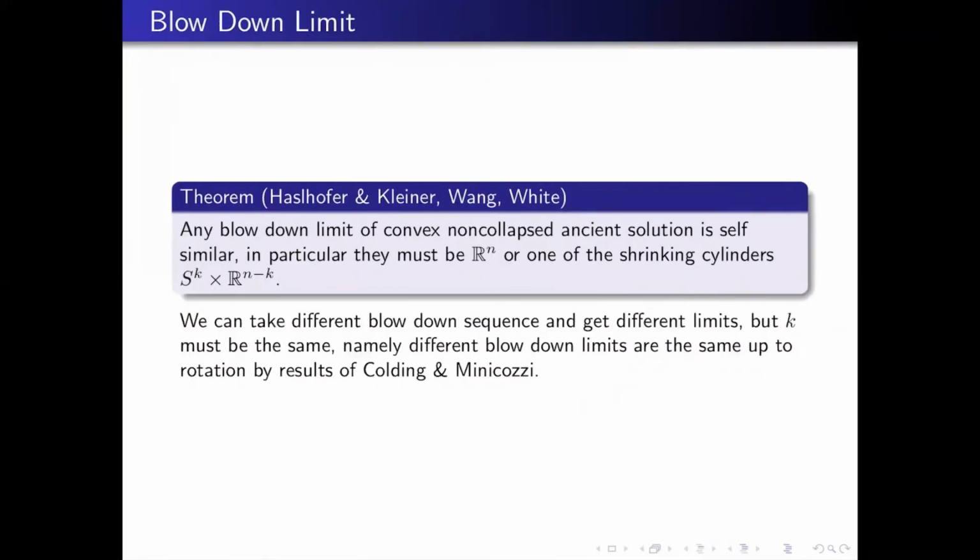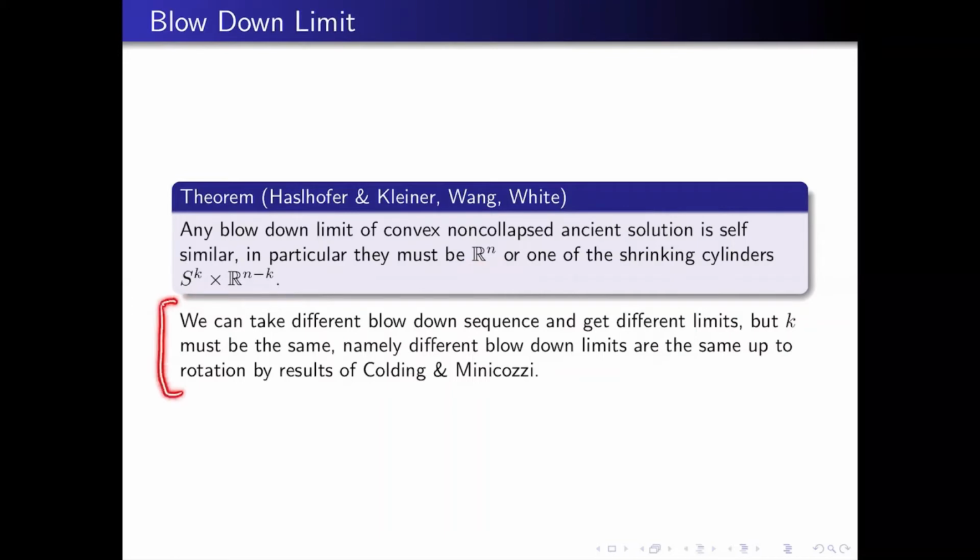Then also by the theorem by these people, we can see that any blow-down limit of a convex non-collapsed ancient solution must be self-similar. In particular, it has to be one of the S^k cross R^(n-k), and this is included in this category if we take k to be 0.